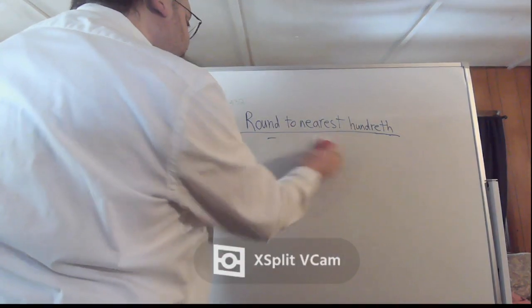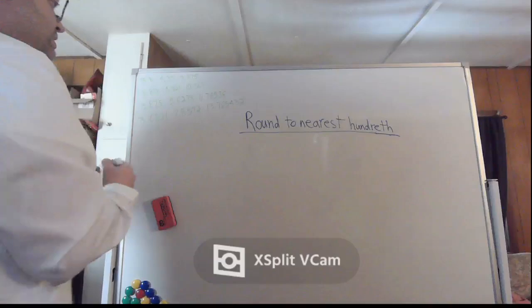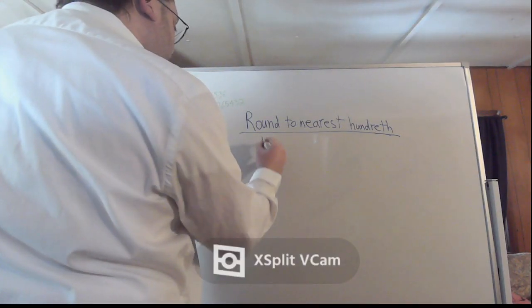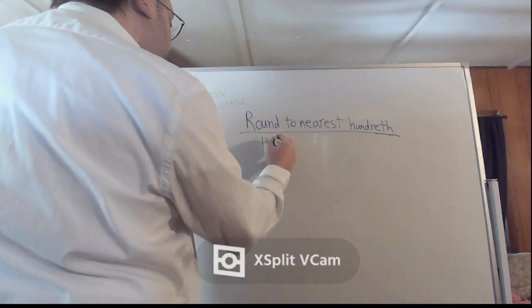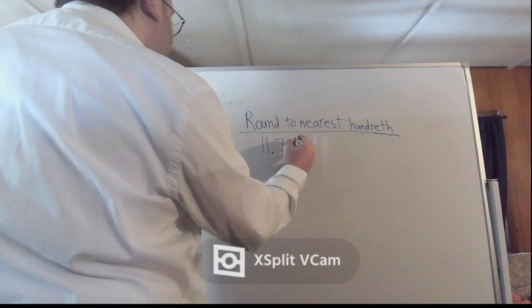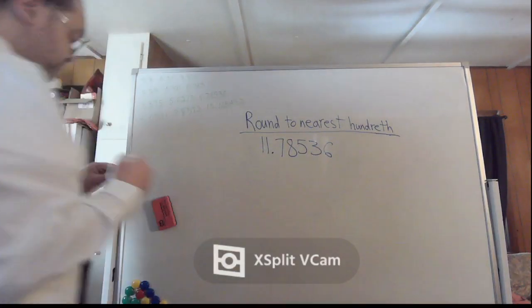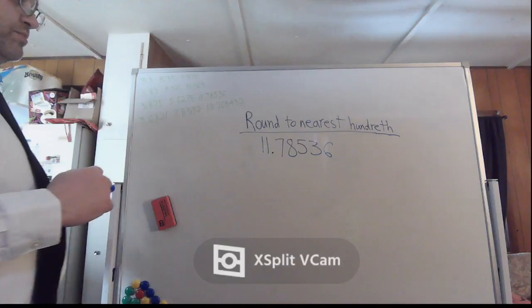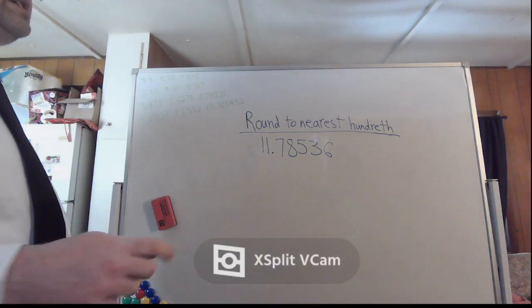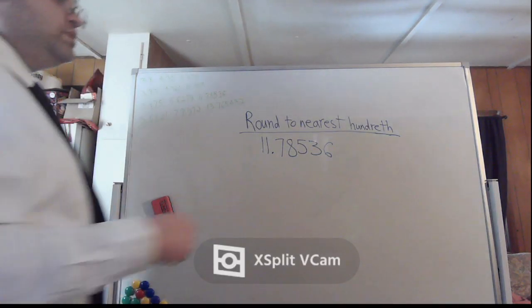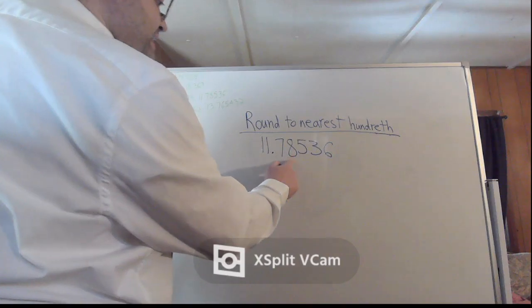Alright. Let's say I give you 11.78536. So, again, you want to round this to the nearest hundredth. So locate what's in your hundredths place. That's an 8.